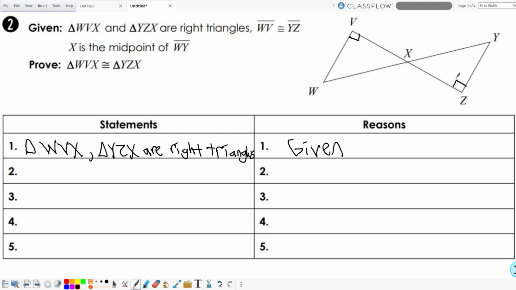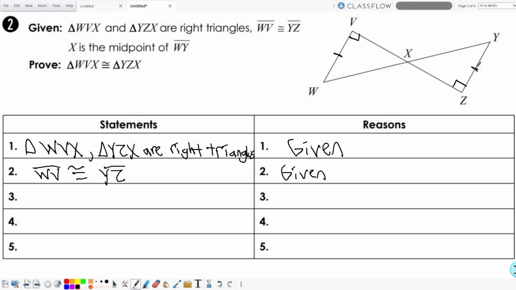Our other given is that WV is congruent to YZ. Again, that's a given, which I will mark. WV is right here, and YZ is over here.